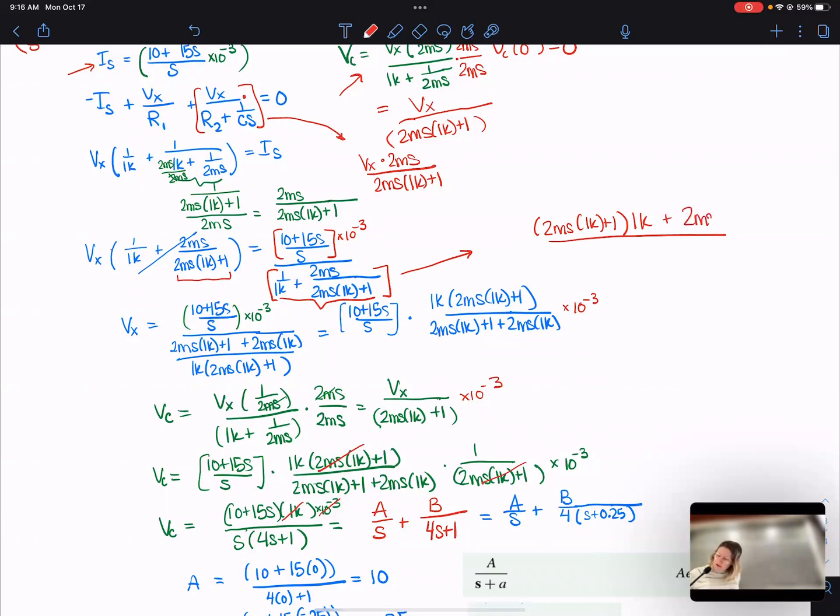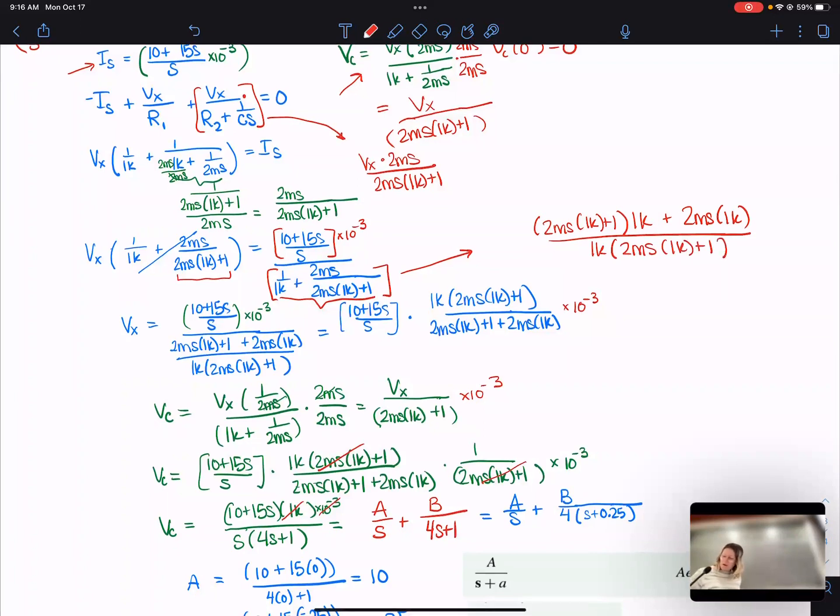And then I need to multiply this one by 1K on the second term to get the common denominator of 1K times 2 milli S 1K plus 1, which is just combining the denominators to have the same common denominator there. And because it's 1 over that, I can flip it. That is where this term comes from, just flipping the bottom denominator.